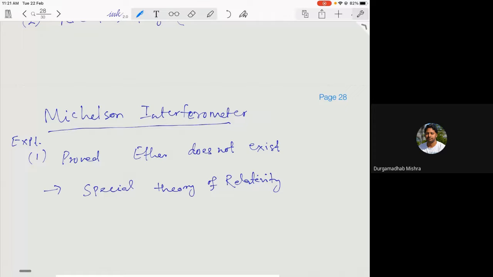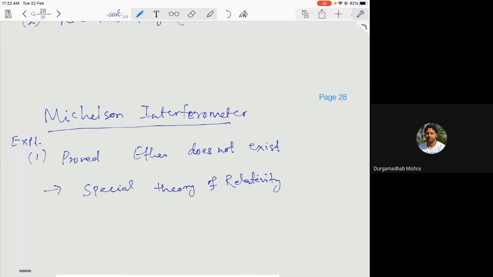It also led to the famous equation E equal to mc square. So you can transfer energy and mass, and they are related by this equation E is equal to mc square. This is a profound experiment which was done by Michelson, and it proved that ether doesn't exist.